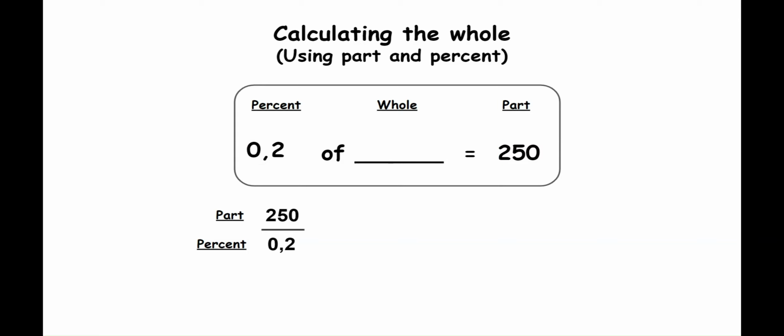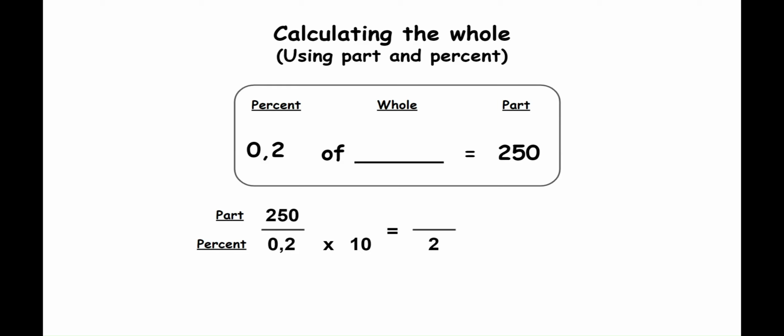Now, before we divide, remember, we need to extend our fraction so the denominator 0.2 becomes the whole number 2. So, by what amount did we need to multiply 0.2 by to equal 2? That is correct. We needed to multiply by 10.